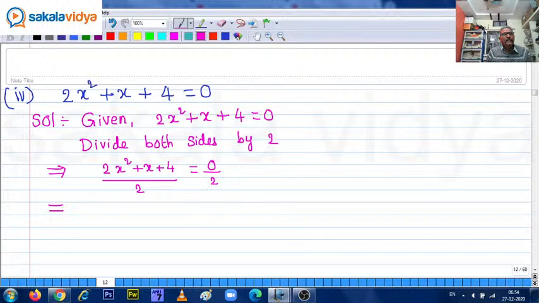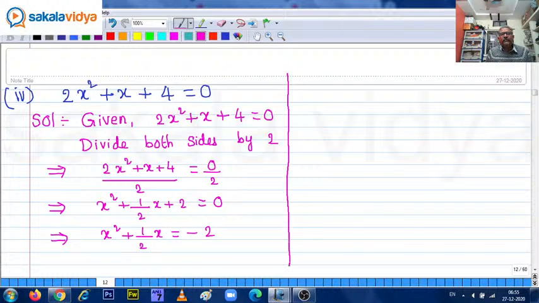So now 2x square by 2 is x square plus half times x, 4 by 2 is 2, equals to 0. So now this can be written x square plus half times x is equal to negative 2.